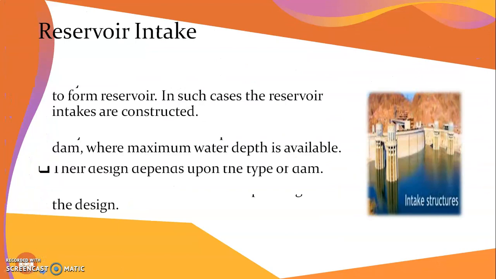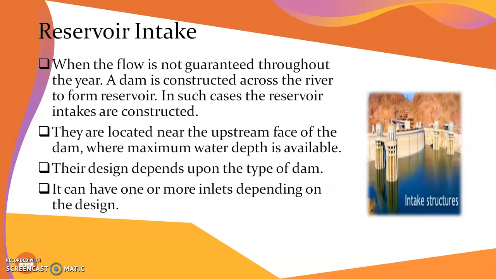Next is a reservoir intake. When the flow is not guaranteed throughout the year, generally a dam is constructed across the river to form a reservoir. This reservoir helps us to save the water, which can be utilized throughout the year. In such cases, reservoir intakes are constructed. They are located near the upstream face of the dam, where maximum depth of water is available.